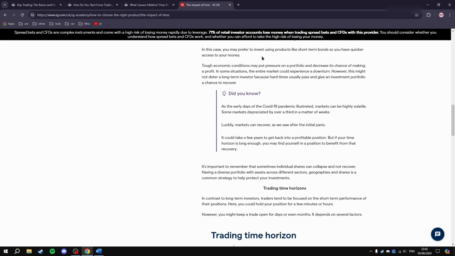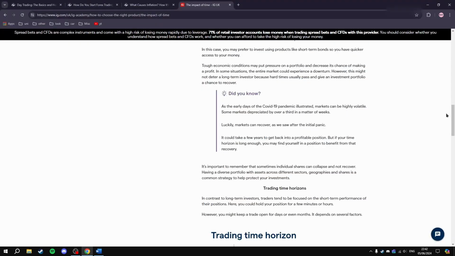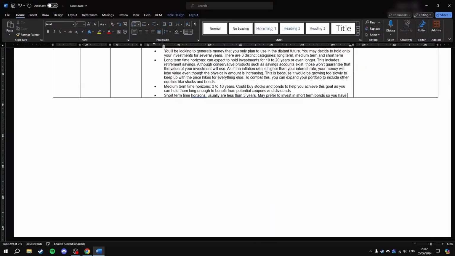In this case, you may prefer to invest in short-term bonds so you have quicker access to your money.